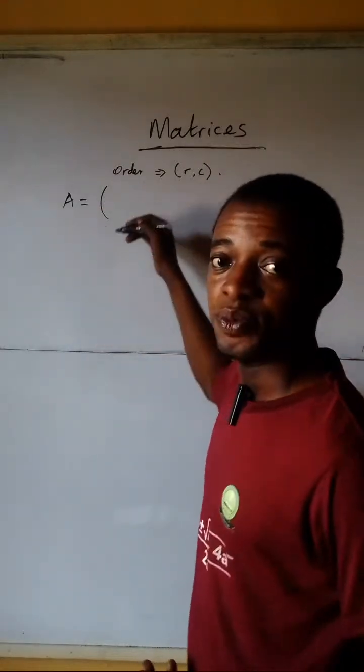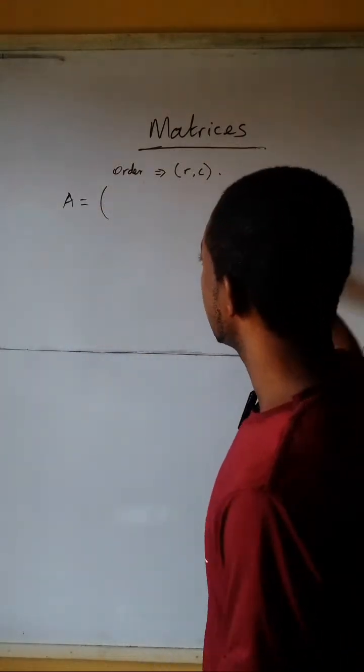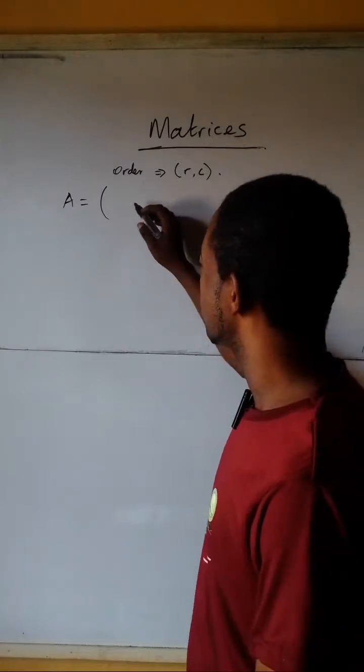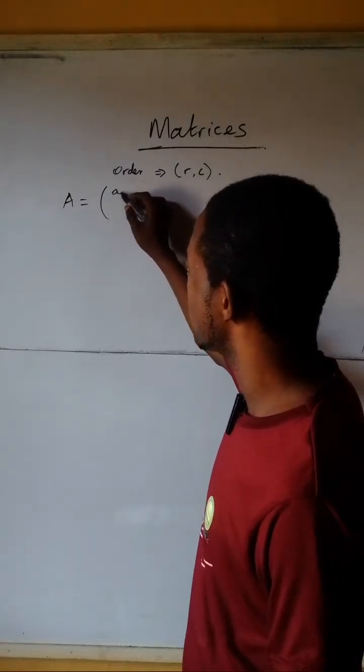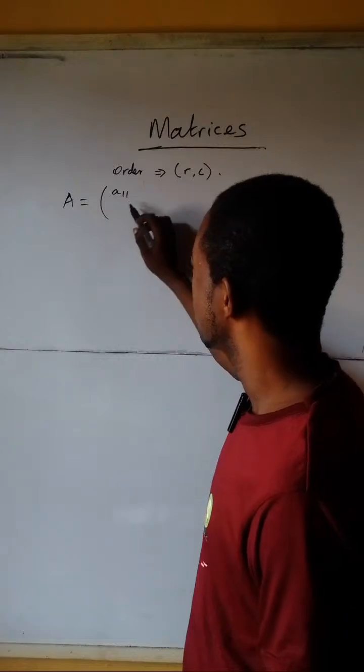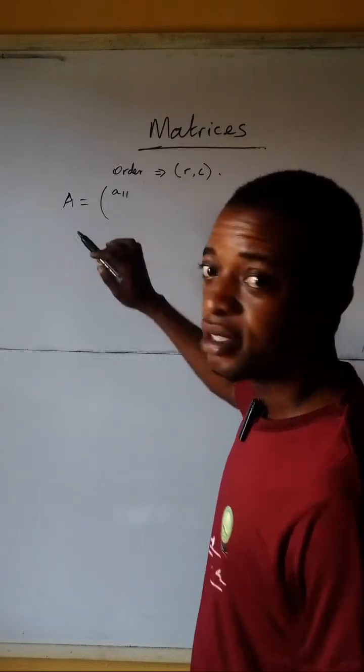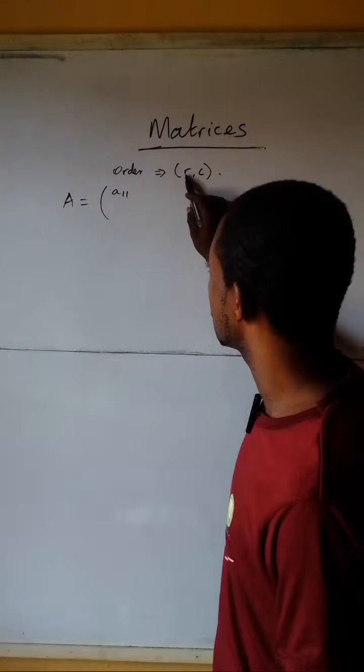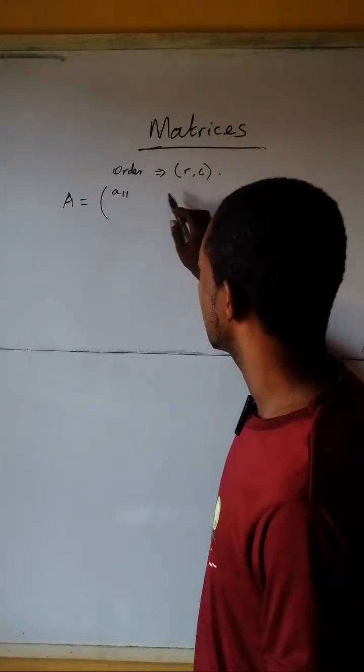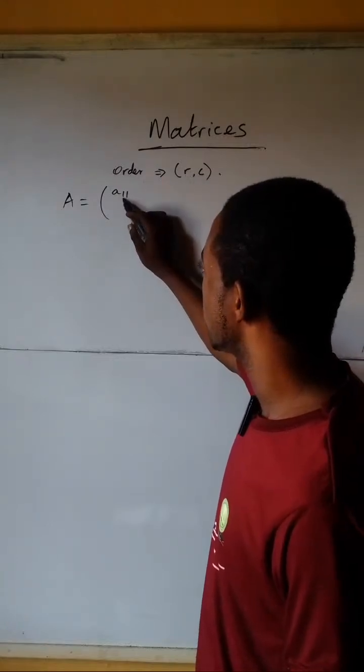Then the numbers inside, which are the elements, are denoted as small letters. So for instance, we have here A11. These two numbers stand for the first one is row and the second one is column. So it means element in row 1, column 1.